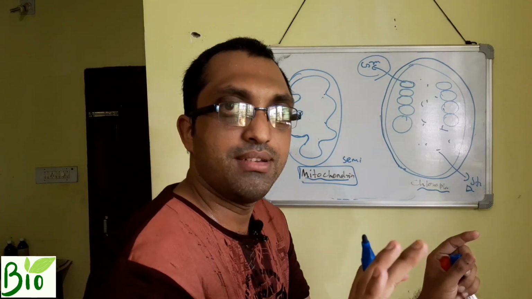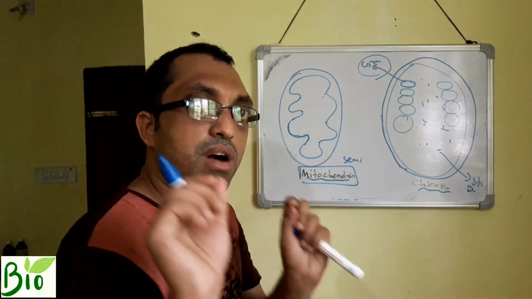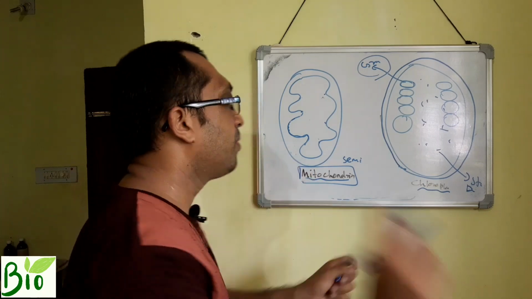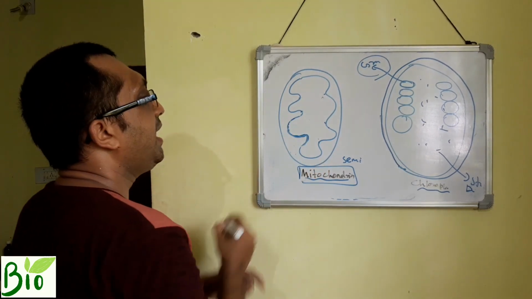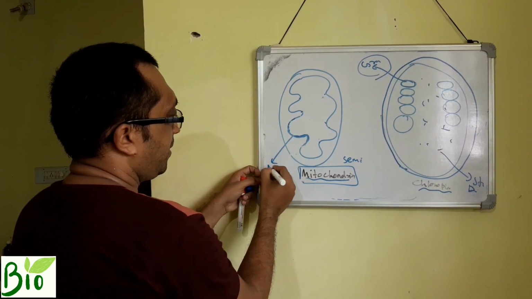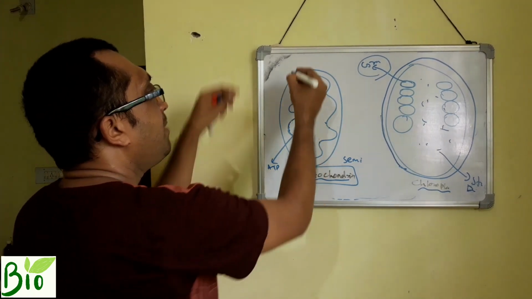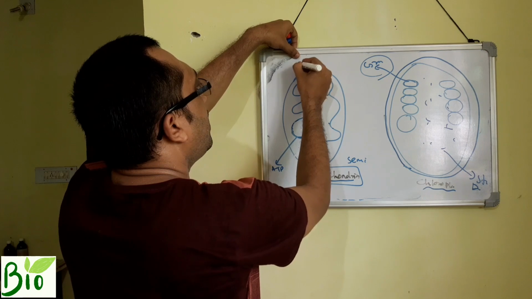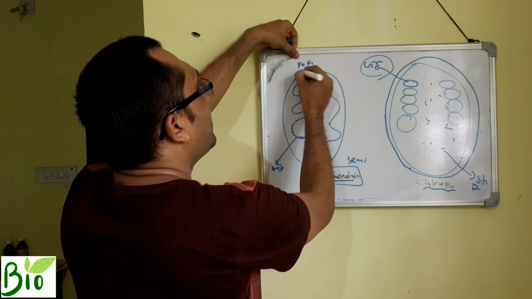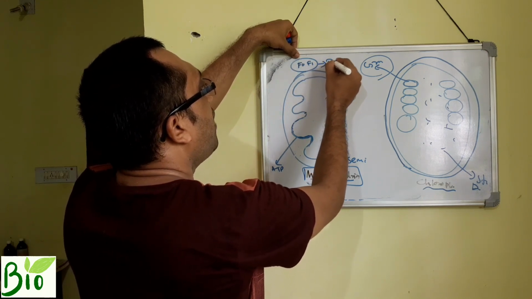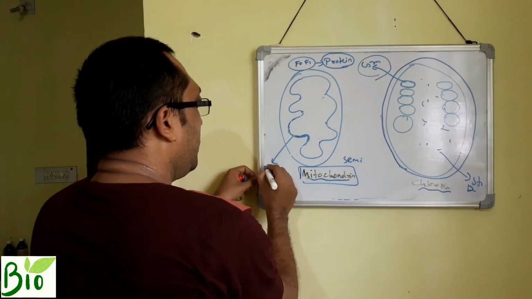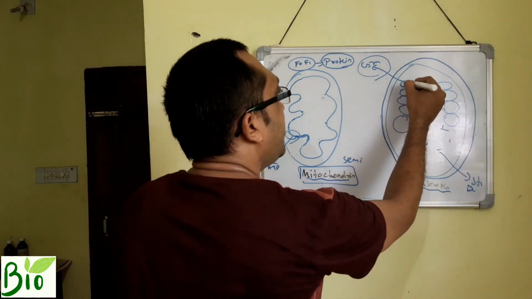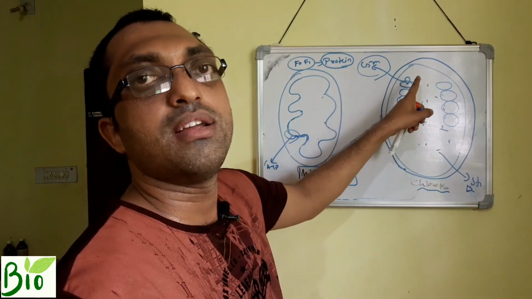How, I will explain in the electron transport system. But just know that here, on the inner membrane of mitochondria, ATP is produced. Here is a protein called the F0F1 particle or F0F1 protein. This F0F1 protein is present here also, in the grana membrane.